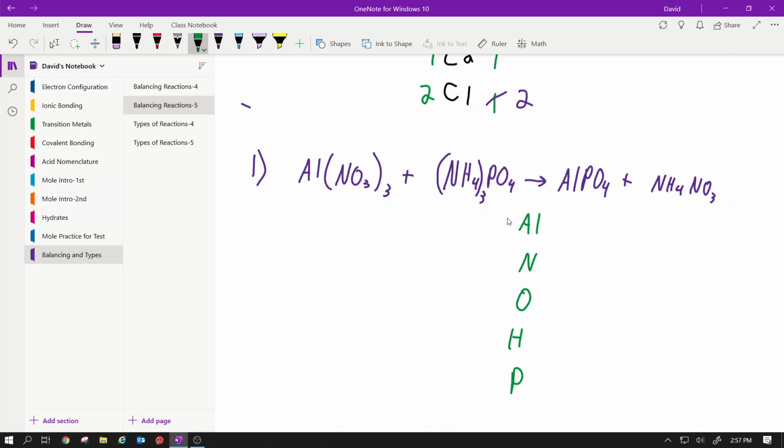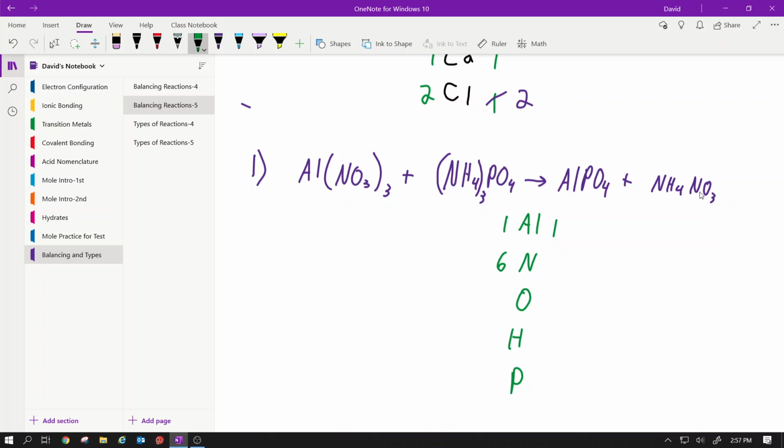One aluminum. Nitrogen. 3 times 1 plus 3 times 1, so I've got a total of 6 on that side. Over here, that's only 1, because that 4 is not in parentheses. Oh, sorry.